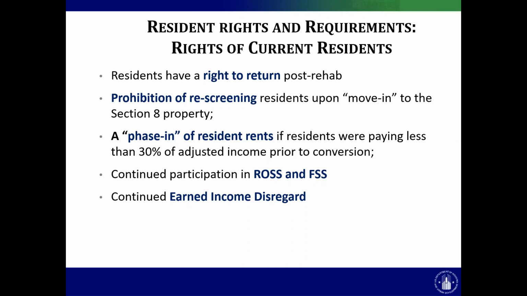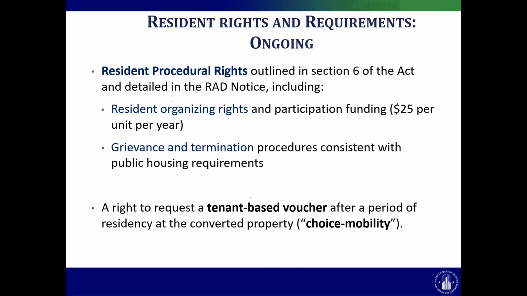And finally, if residents were participating in ROSS or FSS or were benefiting from the earned income disregard, that can continue after conversion, but gets phased out as those grants expire for ROSS and FSS, and as the family graduates from that program for earned income disregard.